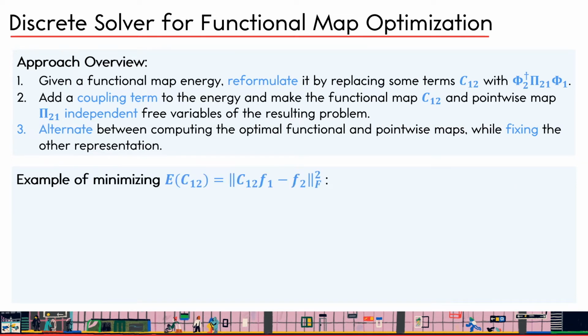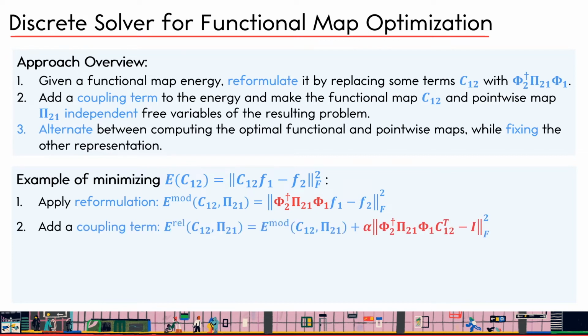Here is an example where we want to minimize the descriptor preserving energy. F1 and F2 are a pair of given shape descriptors, and C is a variable functional map. Our discrete solver works in the following way. We first reformulate the descriptor preserving energy by replacing the functional map C by the proper functional map constraint, as colored in red. This modified energy actually only depends on the newly introduced pointwise map.